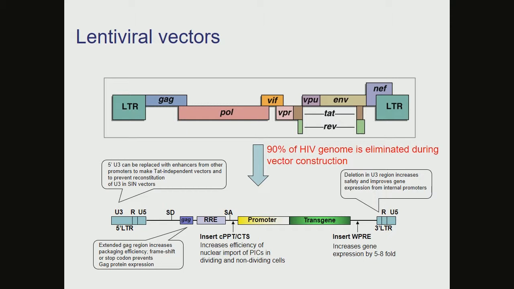They are based on HIV vectors, in which 90% of the genome is eliminated during vector construction, and it leaves only a few regions which are the ones necessary for the cell infection and for the copying of the RNA into cDNA, but these are given in a way that they are not transferred to the cells. So they are basically used to build up the virion, the particles, but the genome of the HIV is essentially nearly all cleared of the pathogenic proteins.